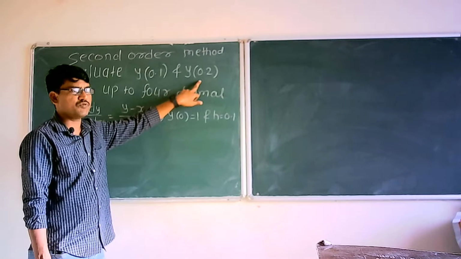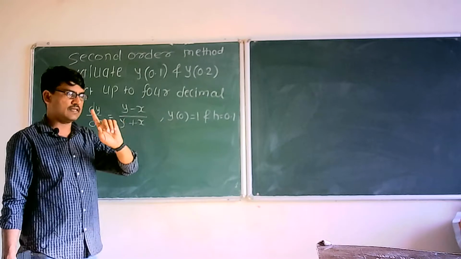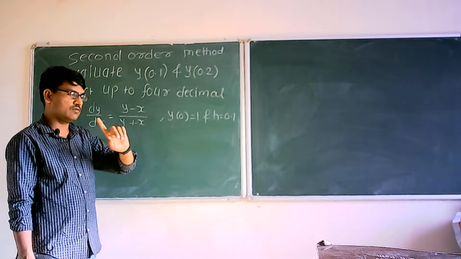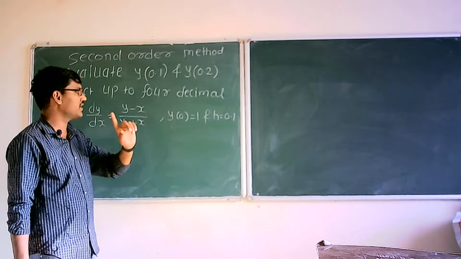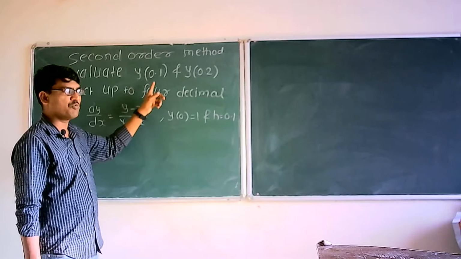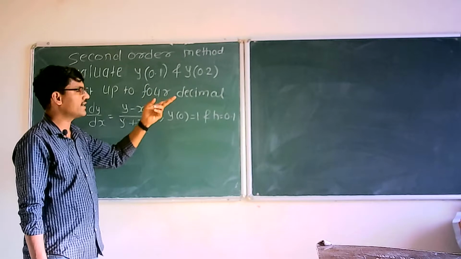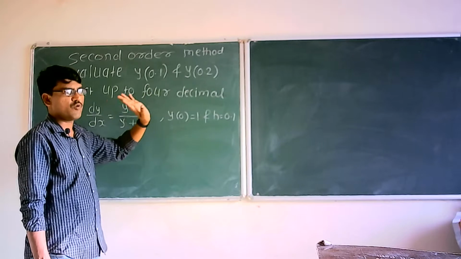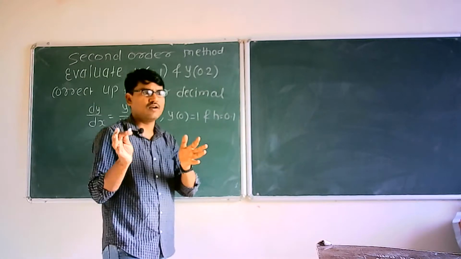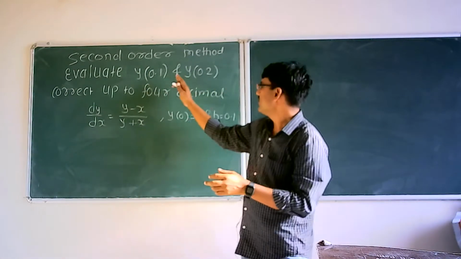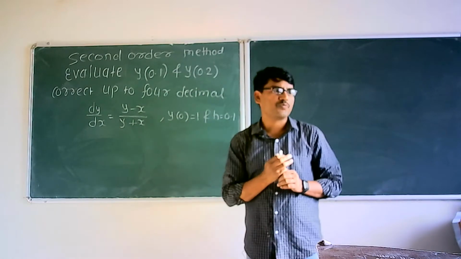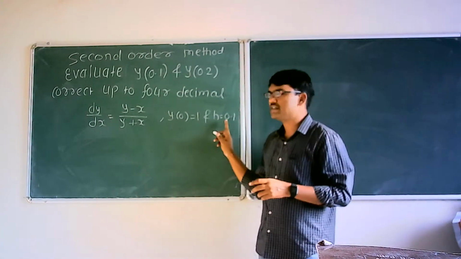This means how many iterations we have to perform. When we do the first iteration, we will get the value of y of 0.1, and when we do the second iteration, we will get the value of y of 0.2. So we have to perform 2 iterations, because h is 0.1.